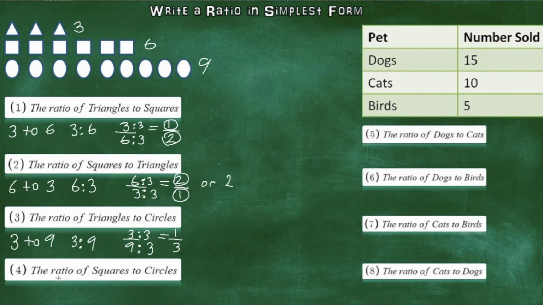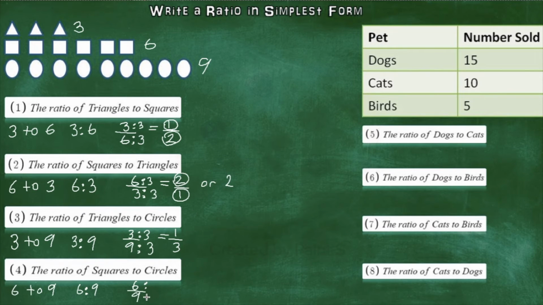So next question, the ratio of squares to circles. First squares come. We have 6 squares, 6 to the number of circles, we already know 9, 6 to 9. We can write that as 6 to 9 or 6 over 9.